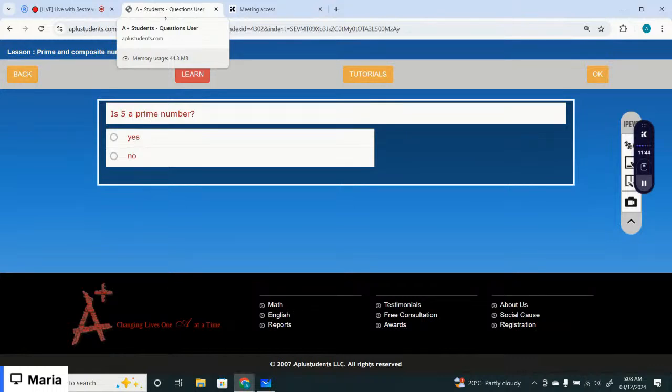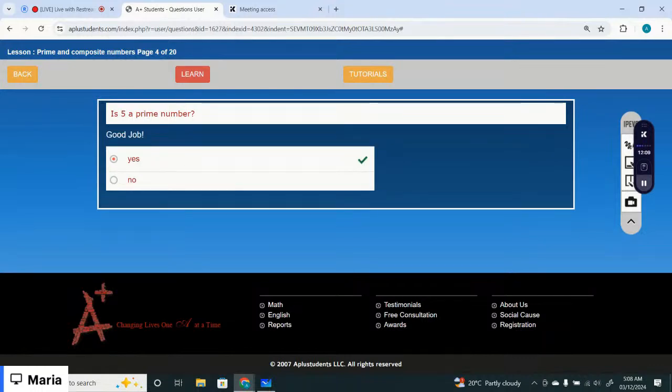Is 5 a prime number? Yes, 5 is a prime number, right? 5 has only two factors. The correct option is yes. Option number 1 is the correct option.